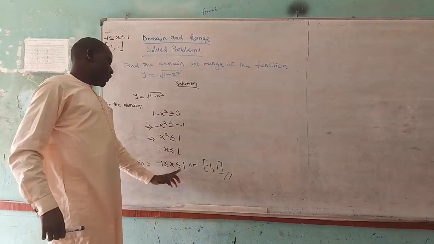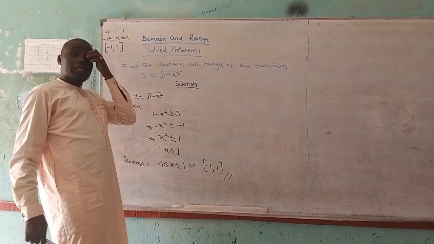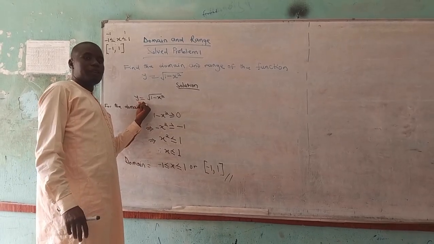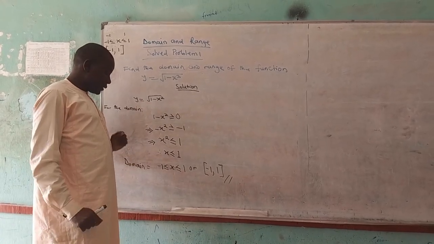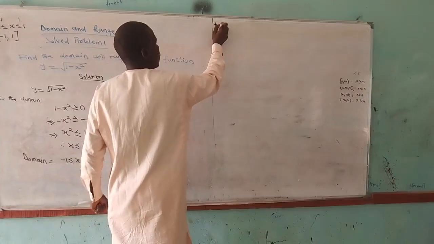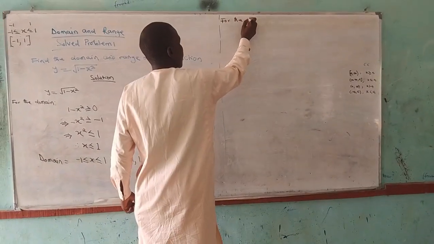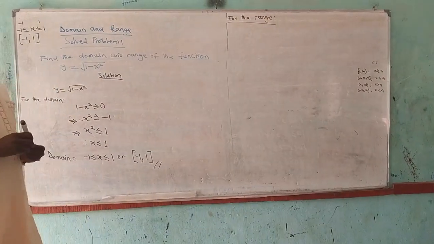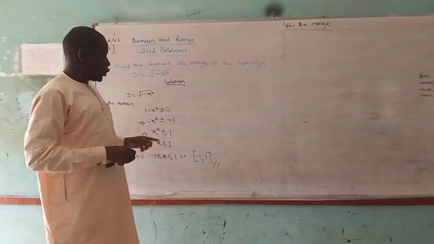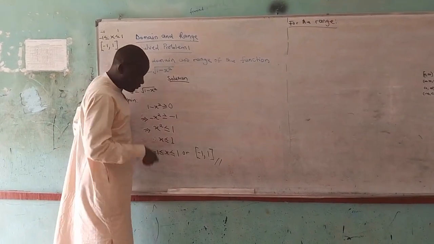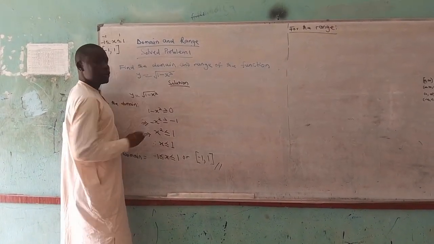These are the range of values of x, the independent variable, for which y has real values. In order to find the range, we just substitute the maximum and the minimum value of the domain in the function.